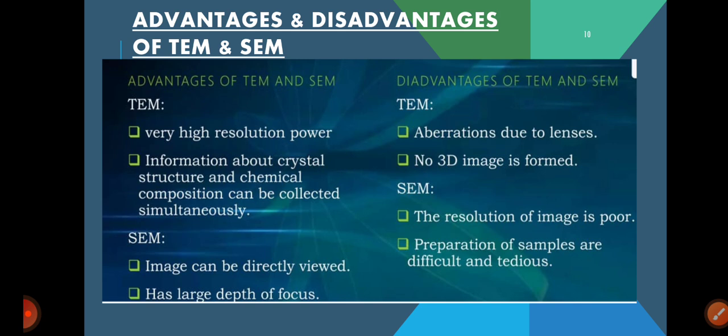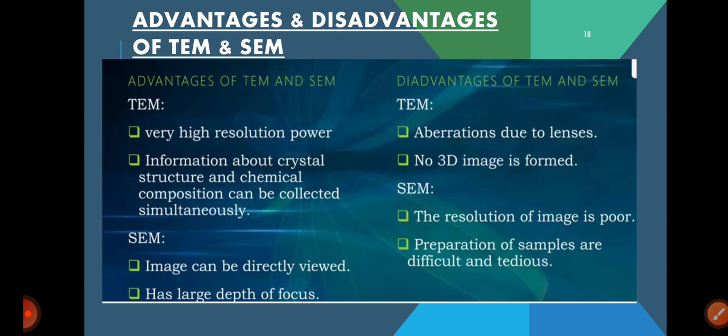Making the lenses eliminate the diffracted beam is difficult in TEM. Next, in TEM there is no 3D image. We can see the 3D image only in SEM, not in TEM. In the TEM we get a 2D image.